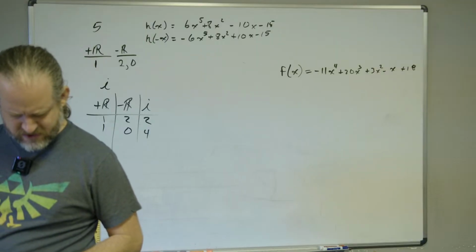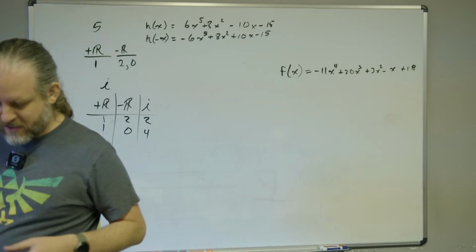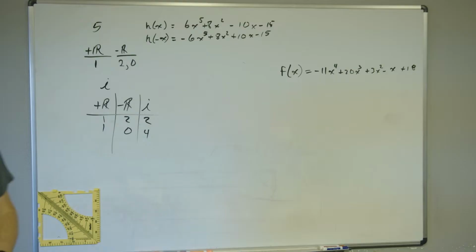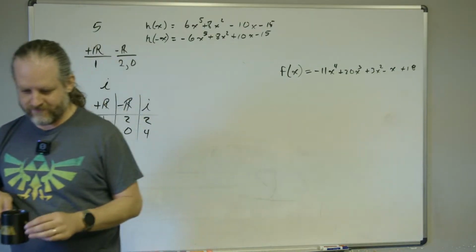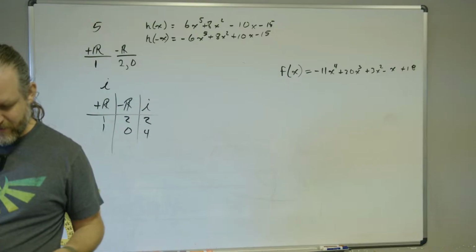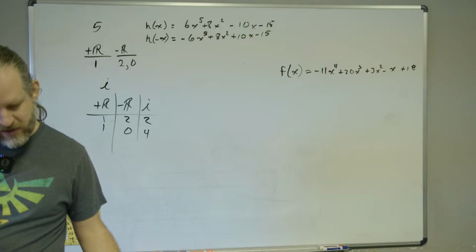Well, the possible. Oh, we combined two things. It's Descartes' rule of signs and the fundamental theorem of algebra. That's fine. Because the fundamental theorem of algebra is where we get the fact that there are the possible numbers.